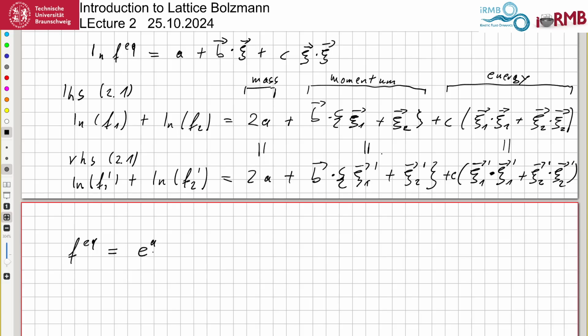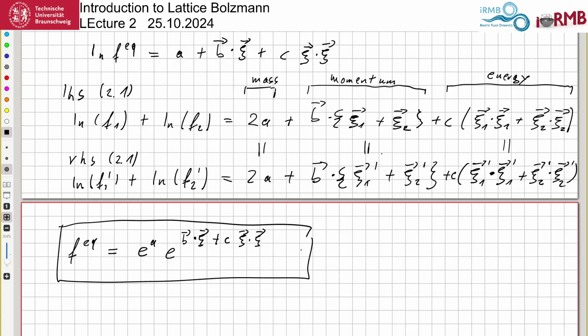We have e to the power of a, and then e to the power of b scalar product with xi plus c, xi times xi. I'm not standing in front of this, so you can see.